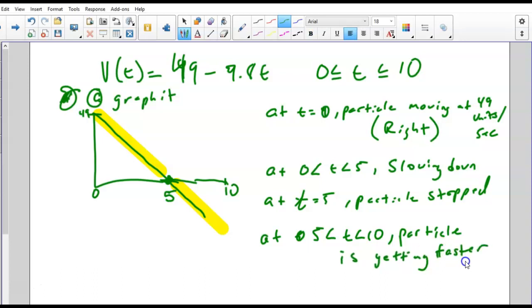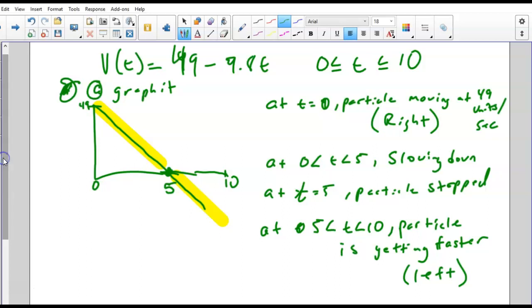The particle's getting faster because it's moving away from 0. Now, is it moving left or right? Left. How do we know left? It's below the x-axis. Below the x-axis is moving left. Above the x-axis is moving right. So it's getting faster, moving left. Questions over this first part?